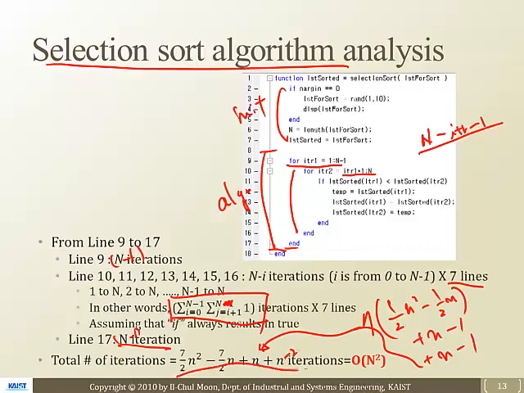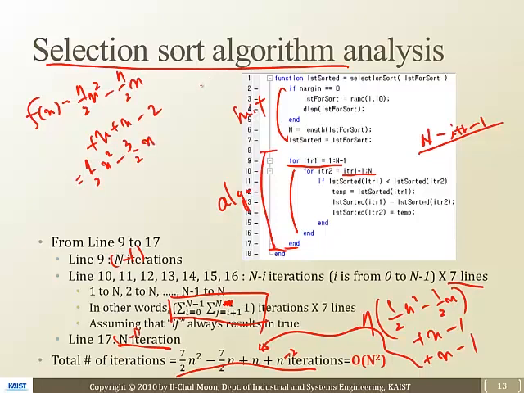And this is going to be f(n). So f(n) here is 27n squared minus 27n plus n minus 2. We can organize this a little bit: 27n squared minus 23n minus 2.